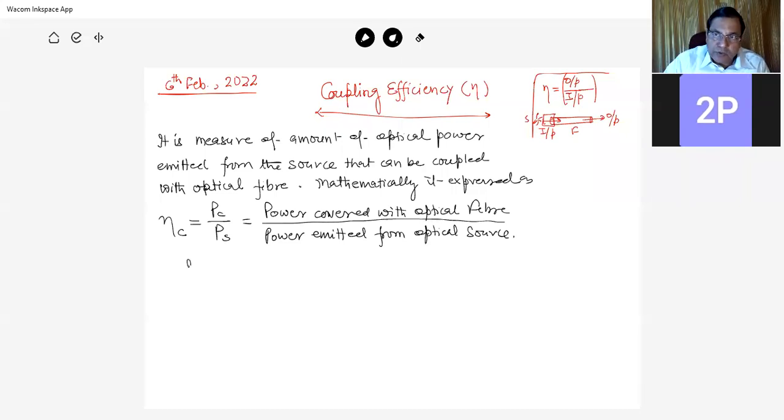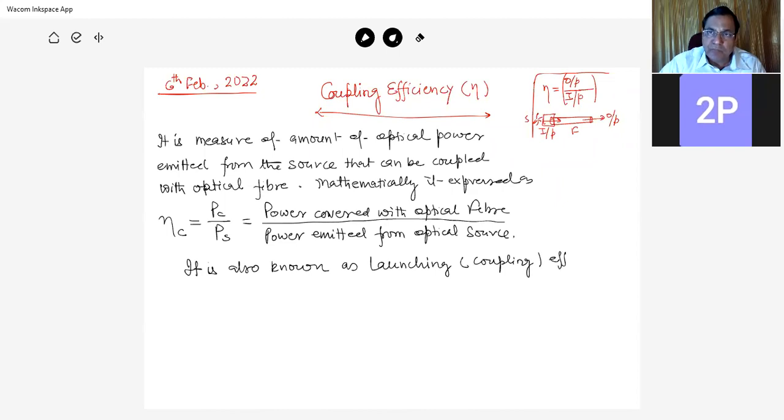It is also known as launching or coupling efficiency.